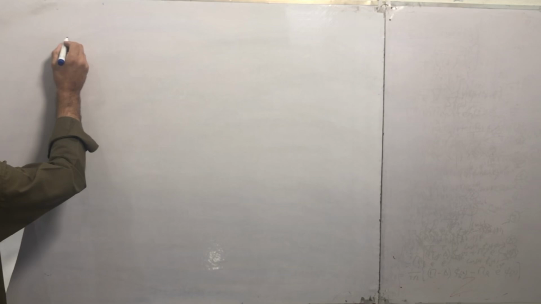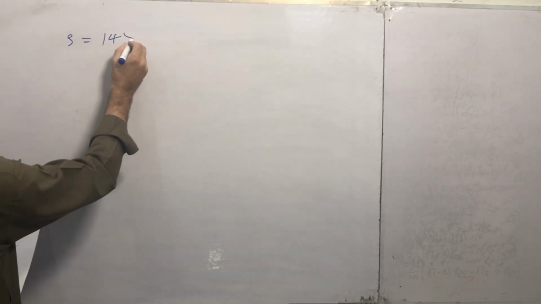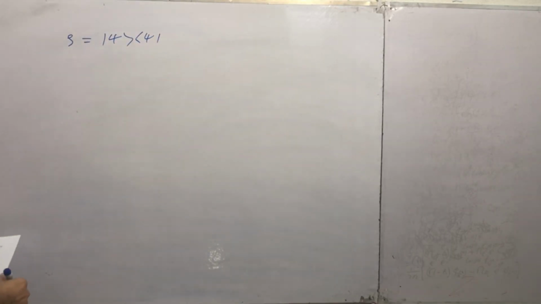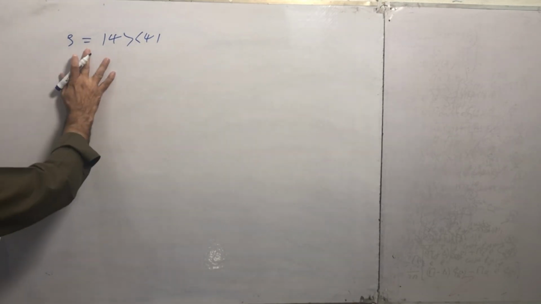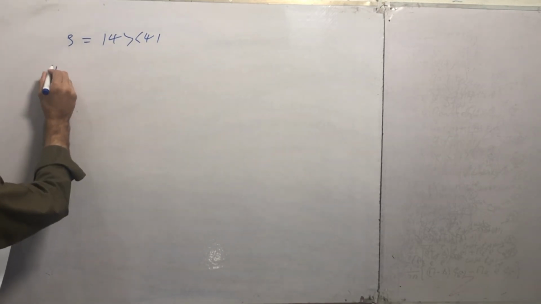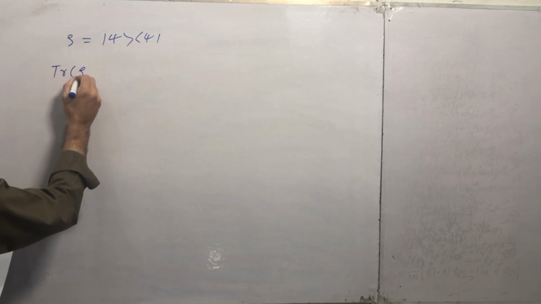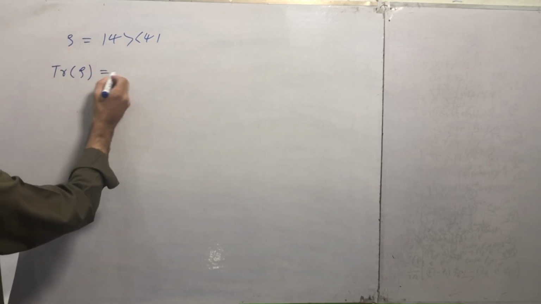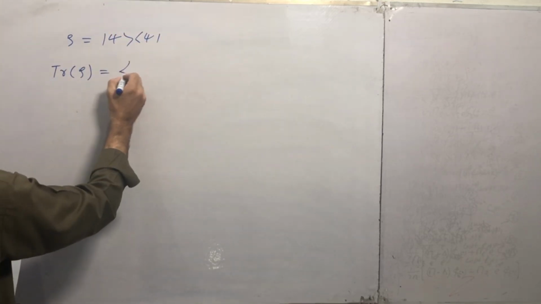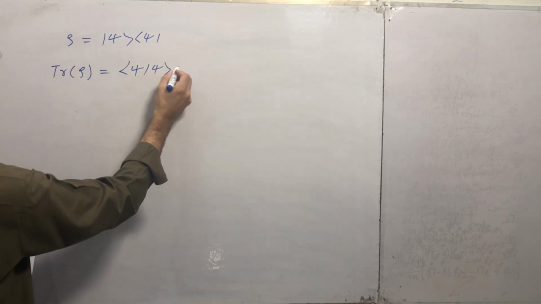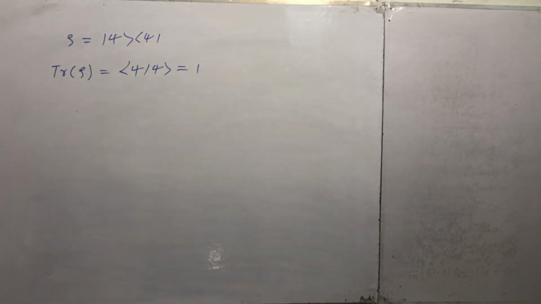Note that for a pure state we can write the density operator like this. Then from conservation of probability, the trace of this density operator is equal to 1.